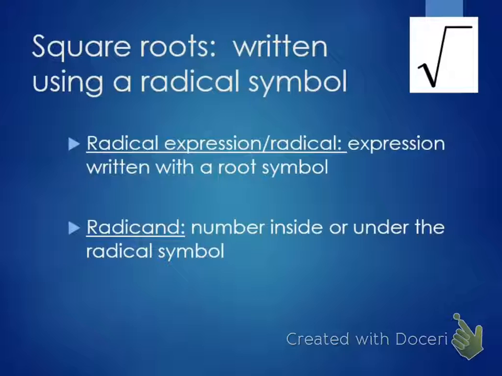Something that might be new that we didn't talk about last semester is the radicand. That is the number inside or under the radical symbol. So if I were to put a number underneath the radical symbol, like a 2, 2 is called the radicand.